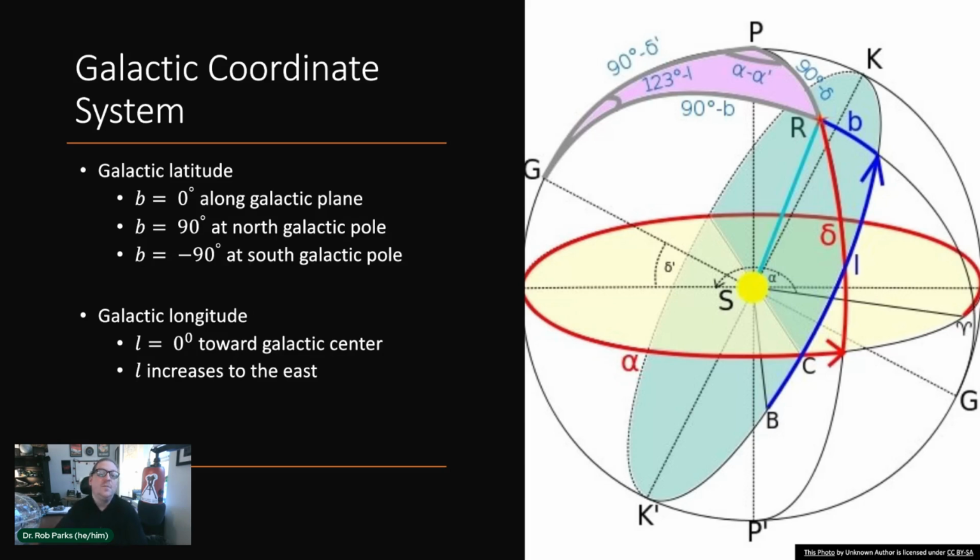And then anything below that is negative 90, or negative galactic latitude. Galactic longitude, instead of the vernal equinox as the 0 point, uses the galactic center, which is located in the constellation of Sagittarius. That is the 0 point for longitude, and it increases as you go to the east.